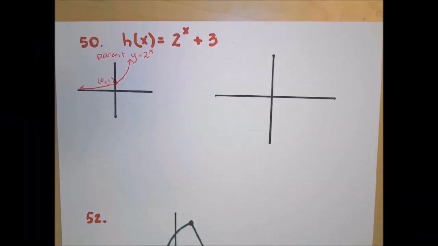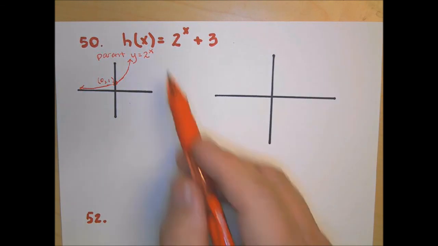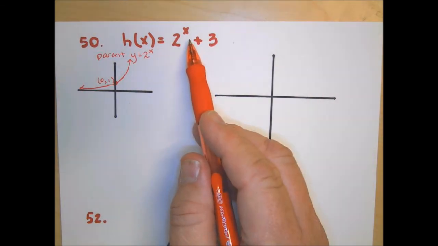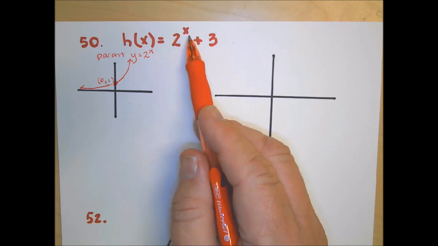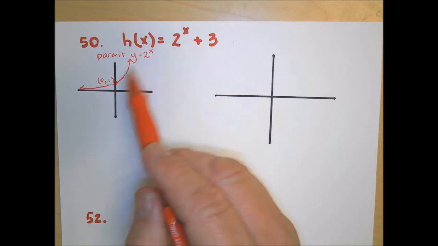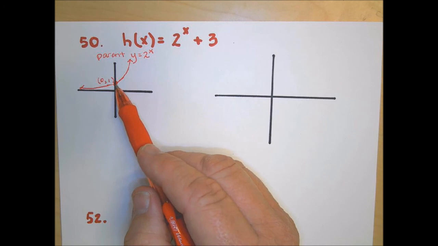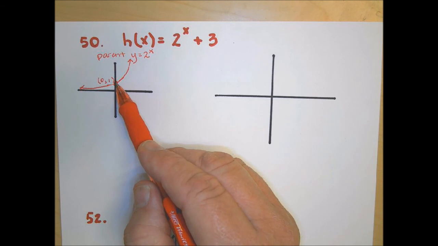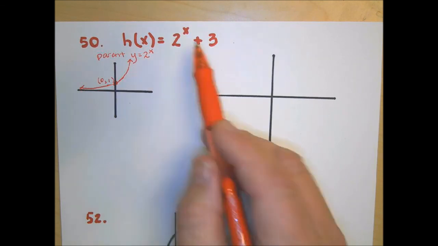So for problem number 50, we want to sketch this function also. Now, as you can see, it's an exponential function, so exponential growth. The exponential function is the only one where, on the parent graph, the key point was not 0, 0. On the exponential growth, it was 0, 1. That's the key point. Now, the first thing we have to do is look at the shift.